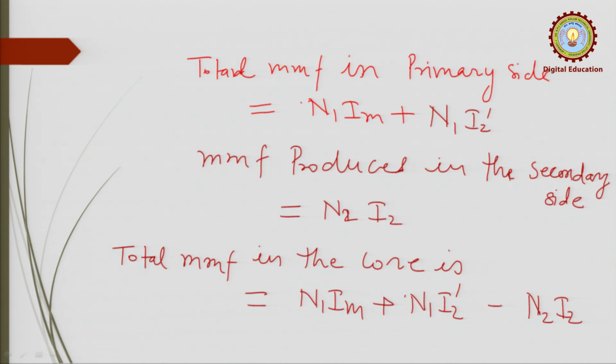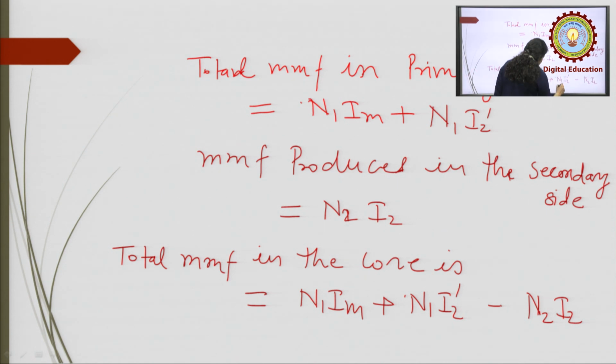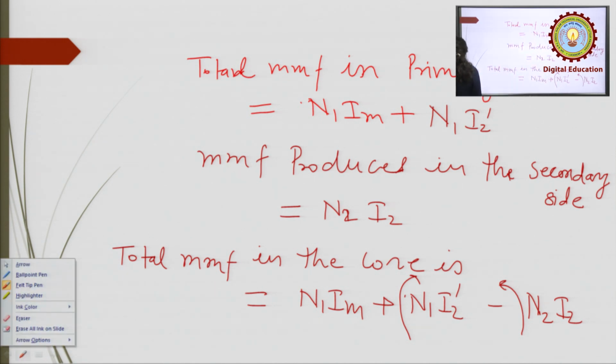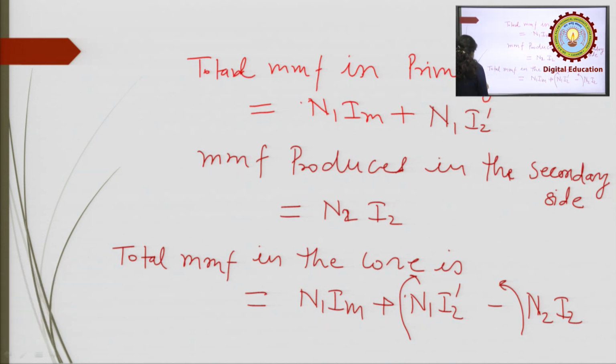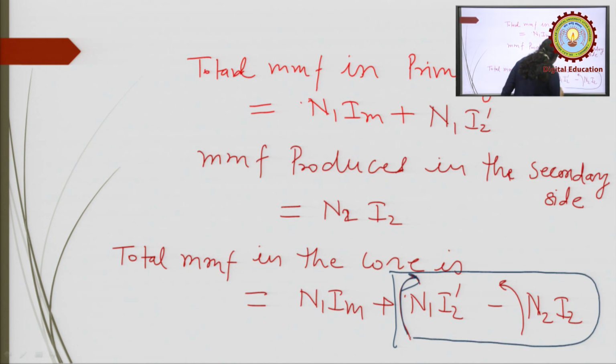I have taken negative because if the direction of the N2 I2 is like this, then N1 I2 dash must be in this direction, so that the total MMF becomes 0.